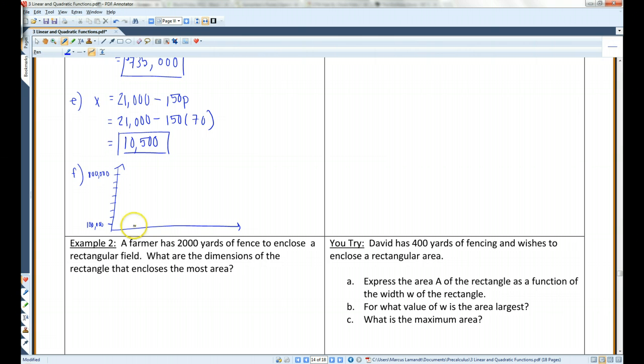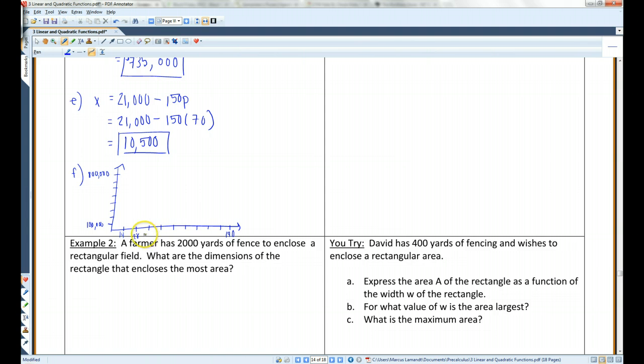And let's see here. Let's go up by 14s. 14, 28, 42, 56, 70, 84, 98, 112, 126, and 140. Okay. So the maximum is at 70.